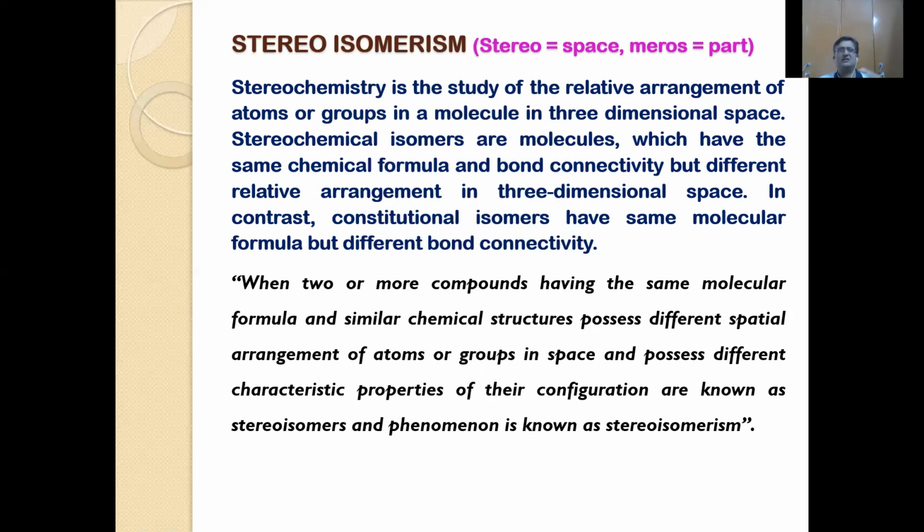I hope in PUC 1 you have learned about geometrical isomerism. Geometrical isomers are of two types, cis and trans. For example, take but-2-ene.